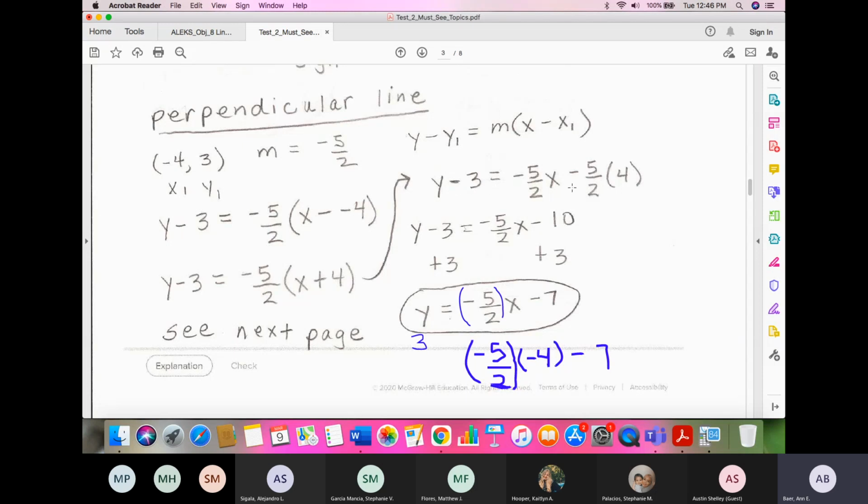So what we want to do is clean up this side a little bit. Just copy this first term here, -5/2 x, over. So this is now -5 times 4, which is 20, divided by 2, which is 10. But we have a negative right there, so this is -10.